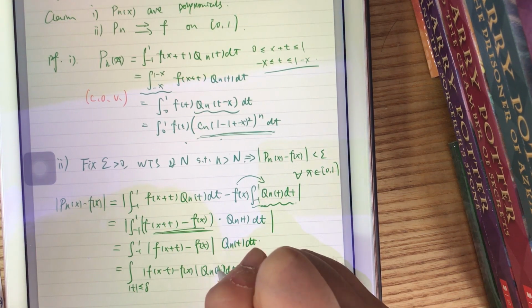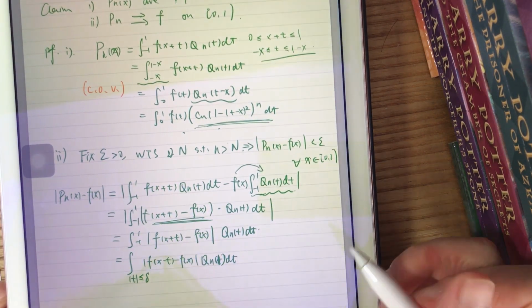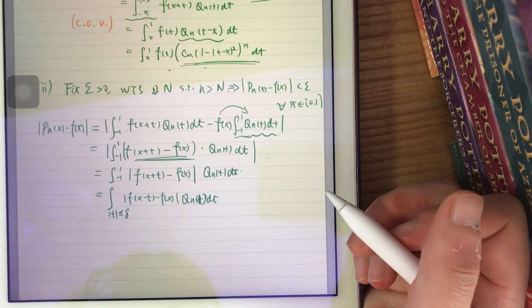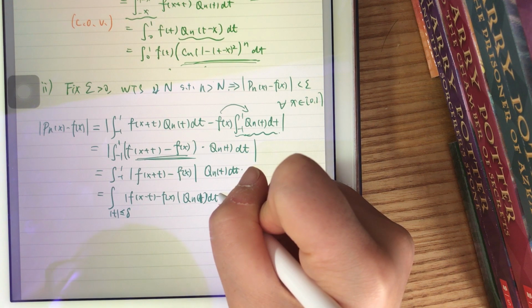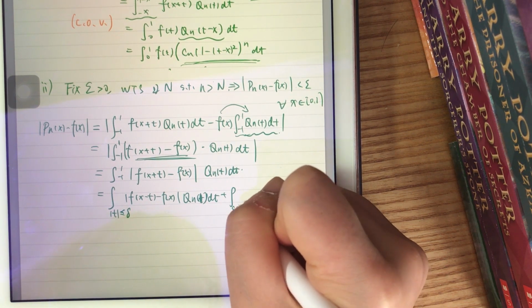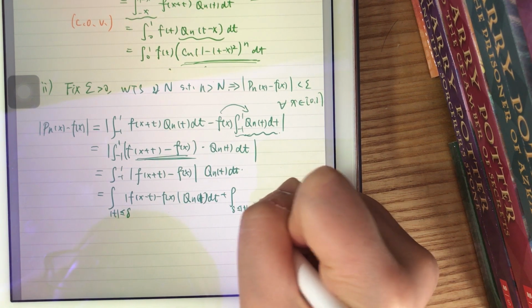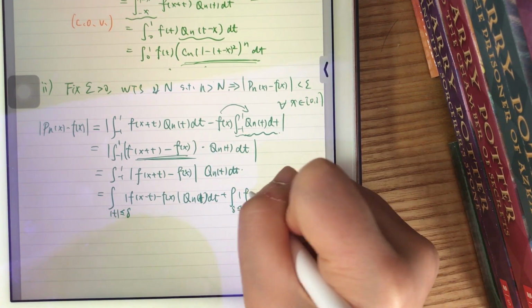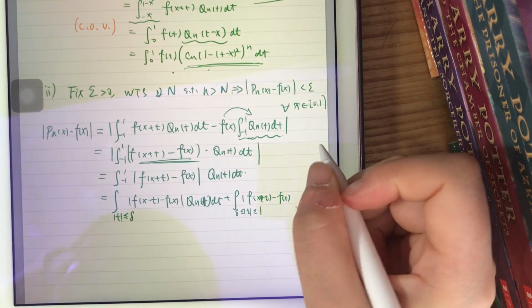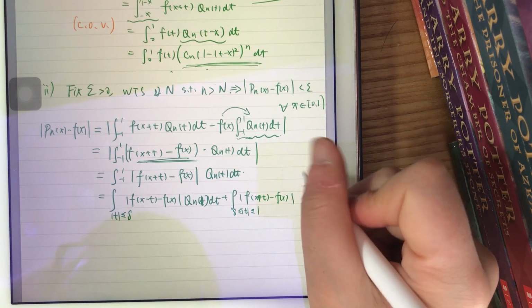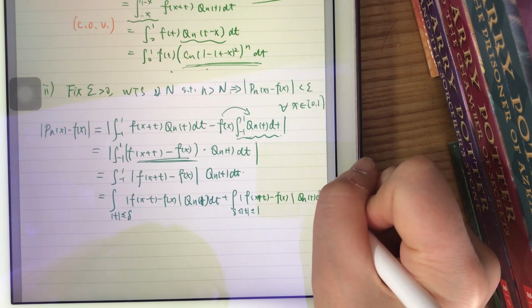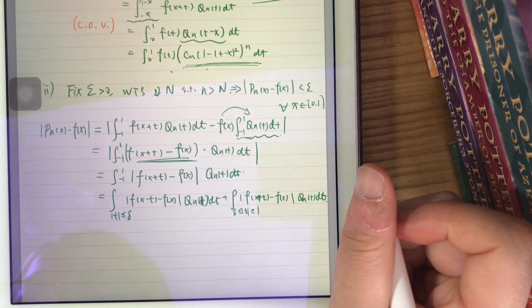Separating an integral into two parts is also a trick that we will constantly use. It's pretty simple, but it's quite useful, because sometimes functions have different properties on different intervals.